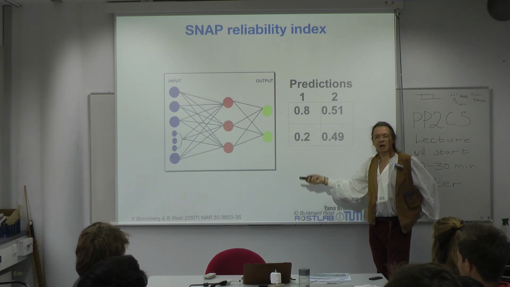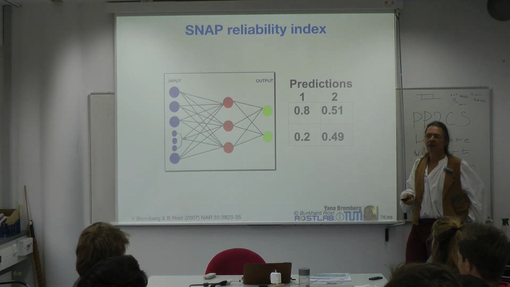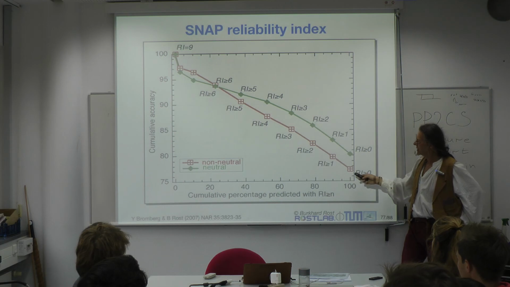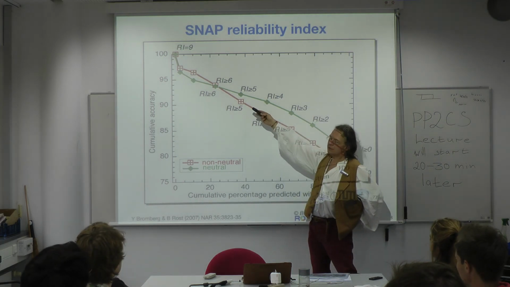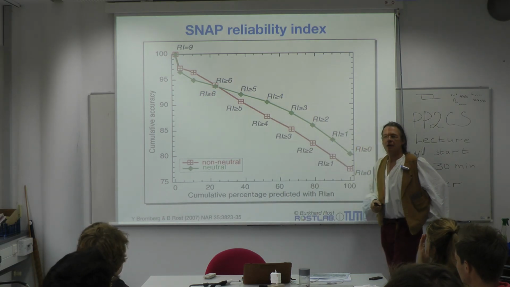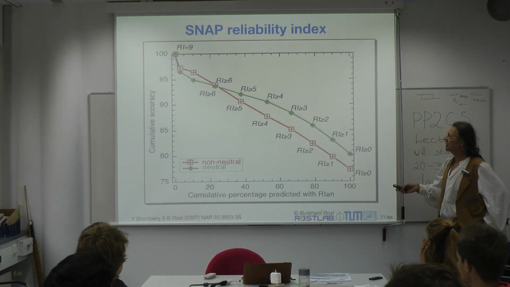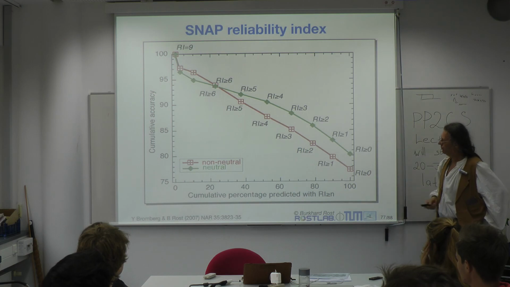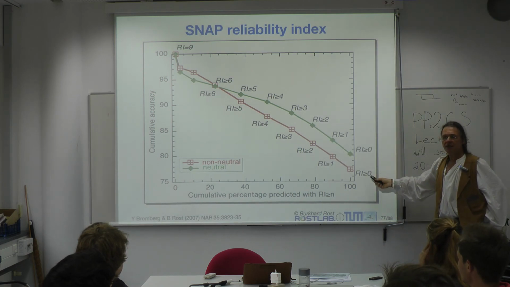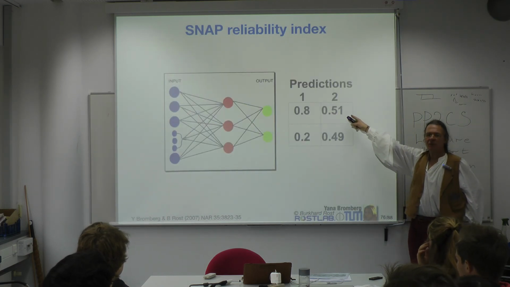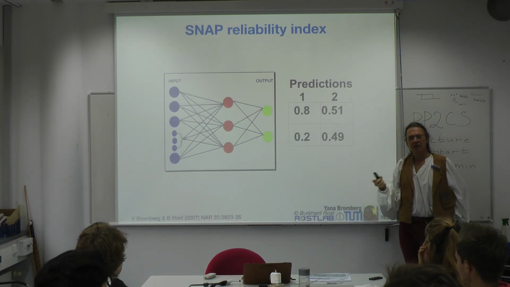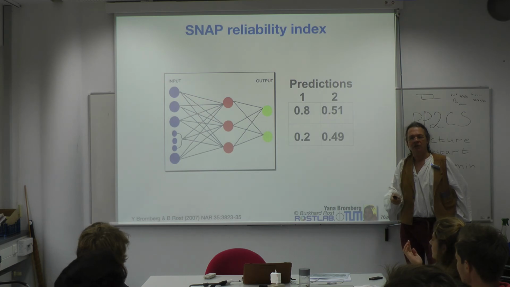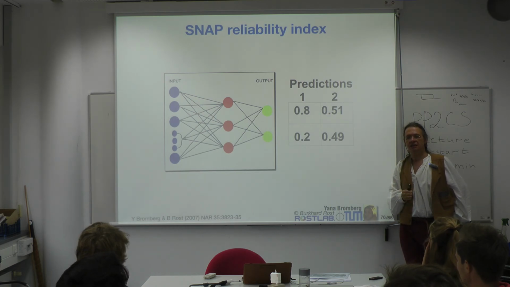And this difference we can turn into a reliability index. We've done that before. This reliability index, shown here, is scaled to single-digit integers, from 0 to 9. 0 means whenever this one is larger, I call it effect. Whenever it's smaller, I call it not effect. So I make a prediction for every single case.